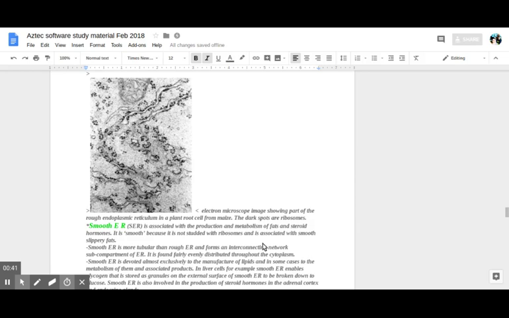So smooth endoplasmic reticulum is different from the rough endoplasmic reticulum in that it doesn't have ribosomes. Ribosomes are used as the site for protein production off of mRNA templates, which come out of the nucleus after DNA is transcribed.